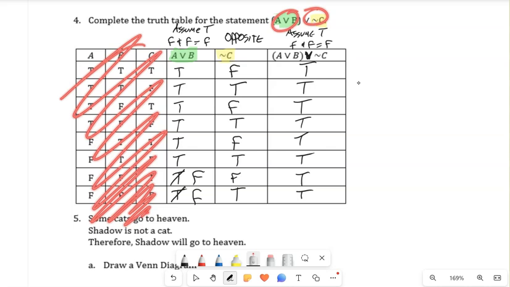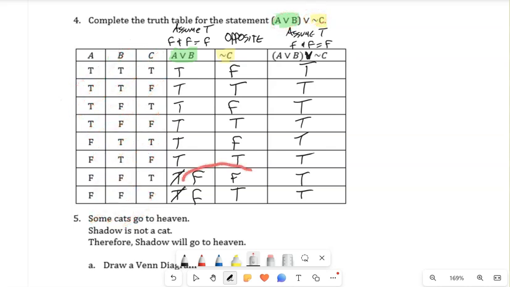Is there a false and false? Right there. That's the only false and false. That's the one that we change. So you're only ever comparing two columns at a time when you're doing the and, or, implies. If you're doing the opposite, you're only looking at one column.